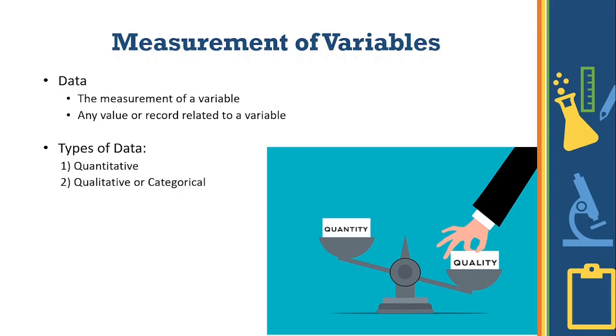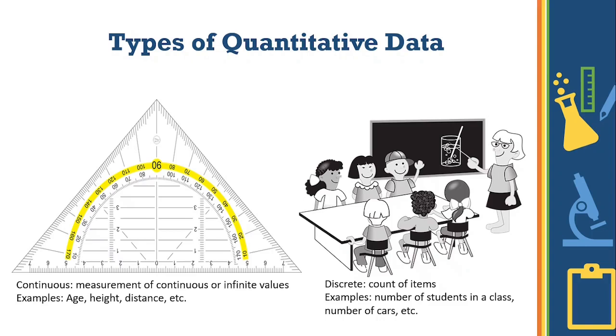Data are generally categorized into two classes: quantitative and qualitative, or categorical. Quantitative data is pretty much number data, numbers that represent real amounts.